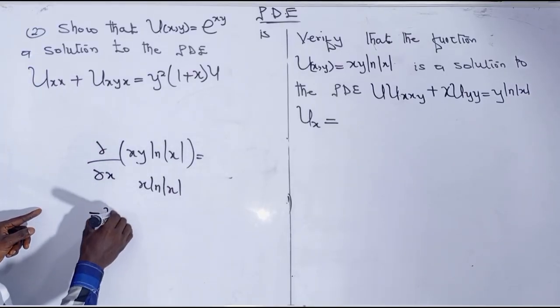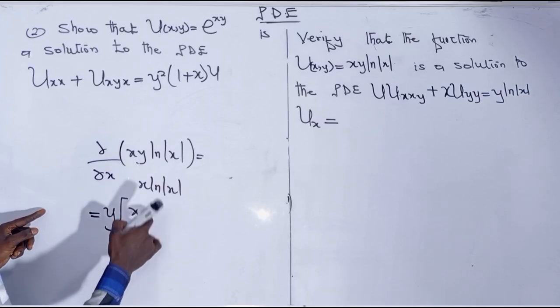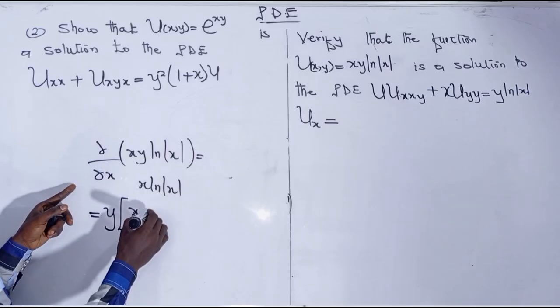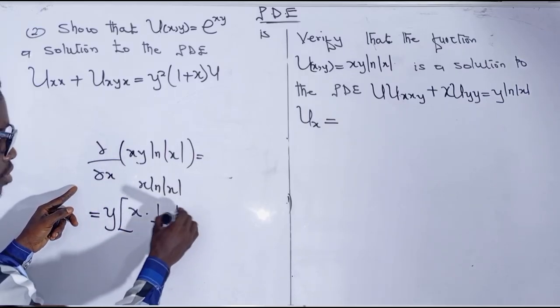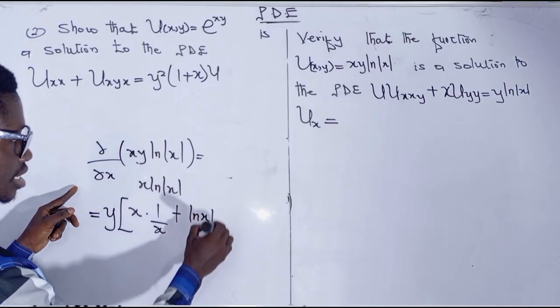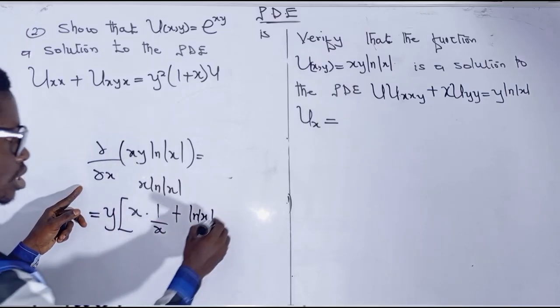So we are going to keep the first function, which is x. Then we differentiate the second function, ln x, with respect to x. And that's going to give us what? 1 over x. Then again, we keep the second function, ln x. Then we differentiate x with respect to x. That is giving us what? 1.